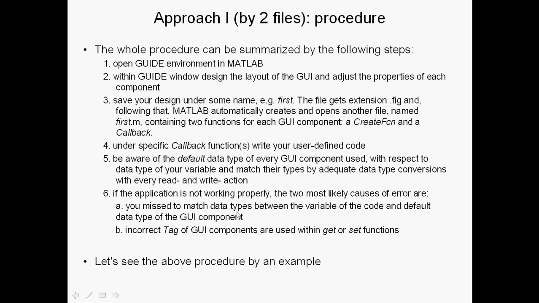If the application is not working properly, the two most likely causes of error are that we either missed matching data types or there is an incorrect tag of the GUI components that we are using.